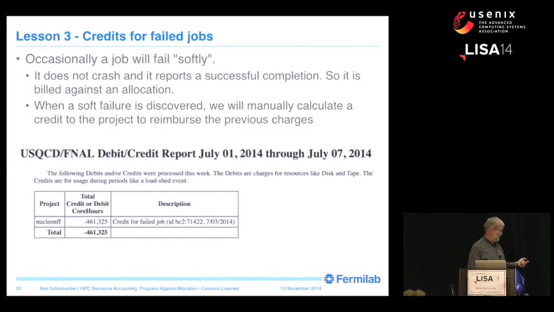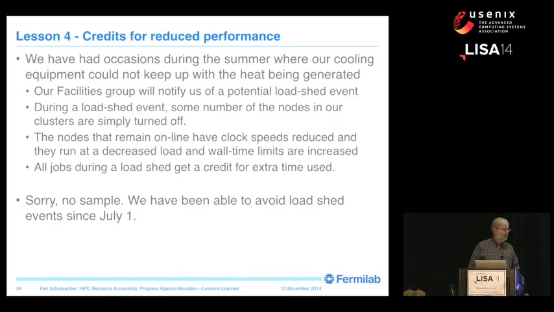Credits for failed job, I mentioned that earlier. They would show up like this, and I even list the job number that it was credited against. Credits for reduced performance. These load sheds we talk about, we have times in July where Chicago gets incredibly warm, and the cooling towers that are out in back of the building can't keep up with shedding the heat fast enough. So we have to generate less heat.